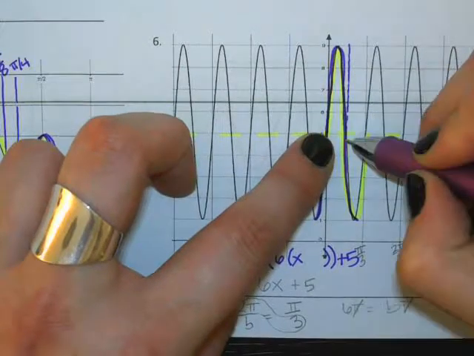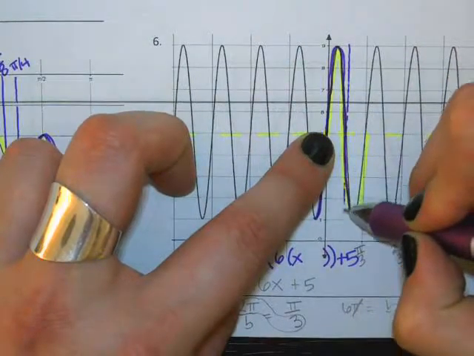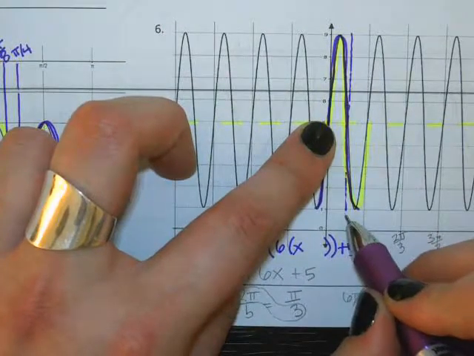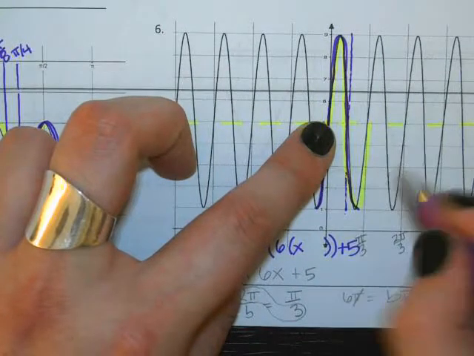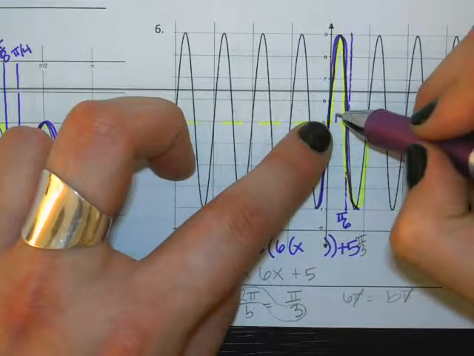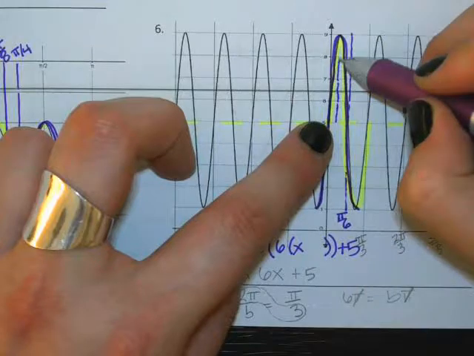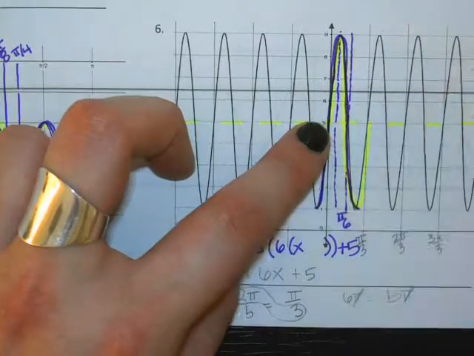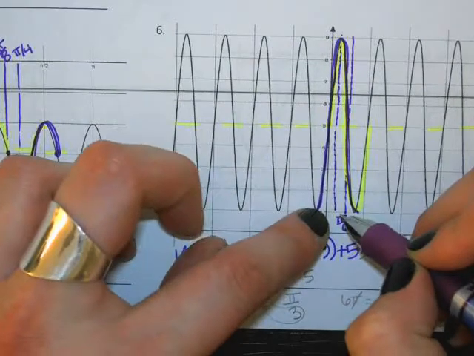You guys see that based on the yellow? So if this was pi thirds, then the middle is pi over 6. Okay, and then the middle of this is where I hit that high point. So if that was pi 6, then what's the middle of that? Pi 12.